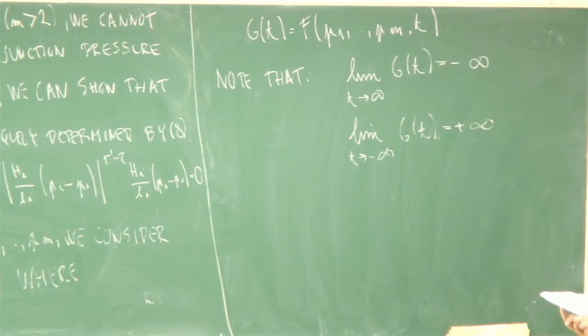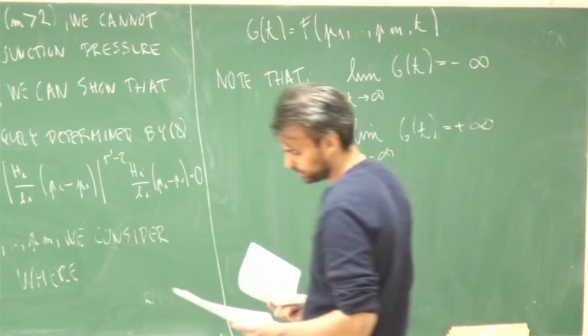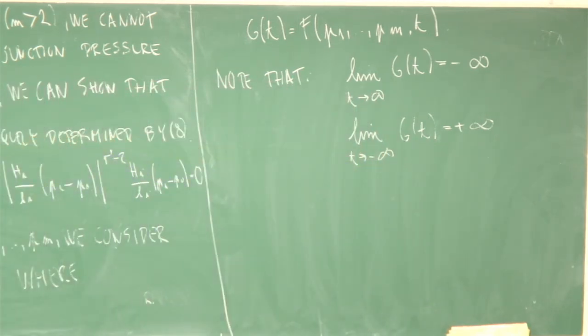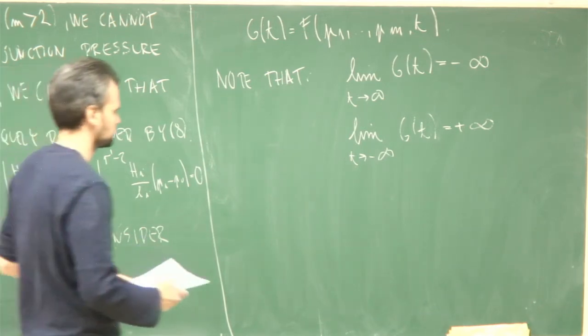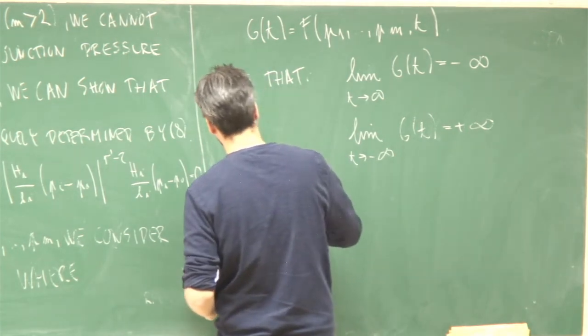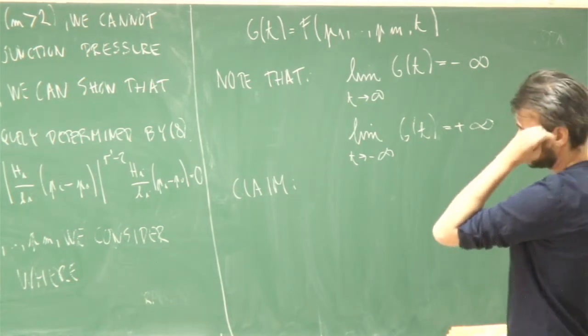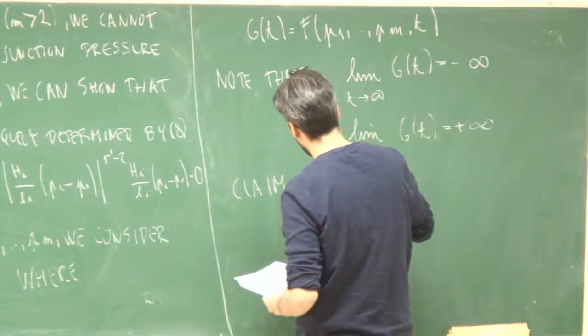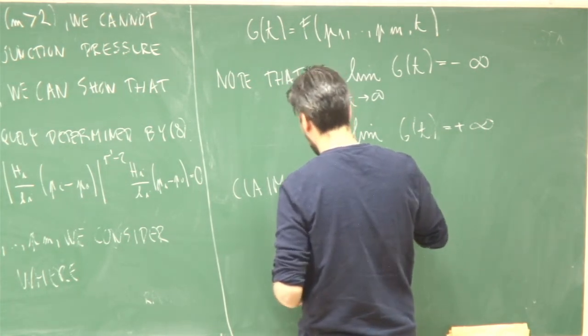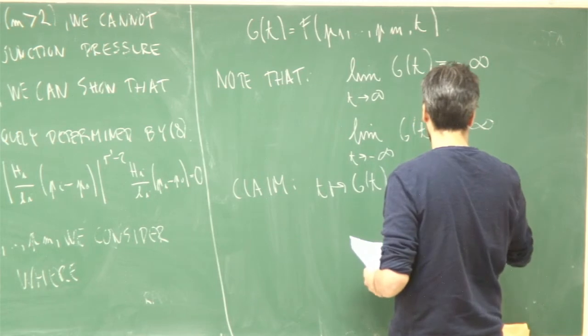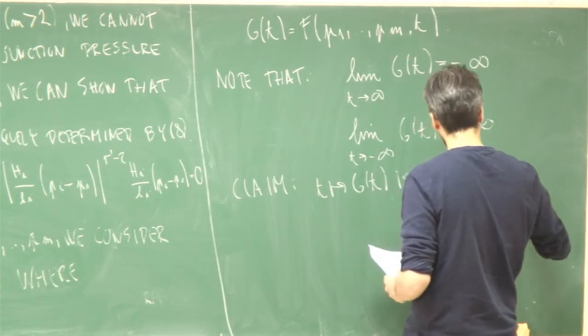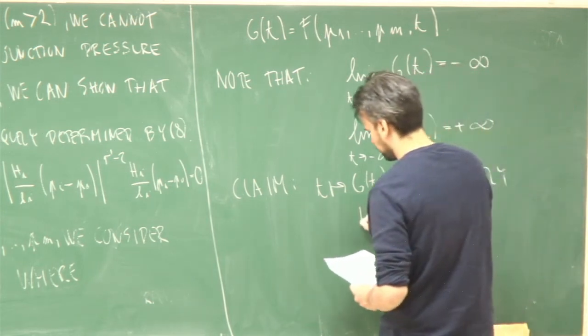So we will show in the following that this function g is strictly decreasing, in order to prove the existence. This is our claim. We haven't worked much with these kinds of problems with inequalities or equalities, but this also appears sometimes. So g is a strictly decreasing function.